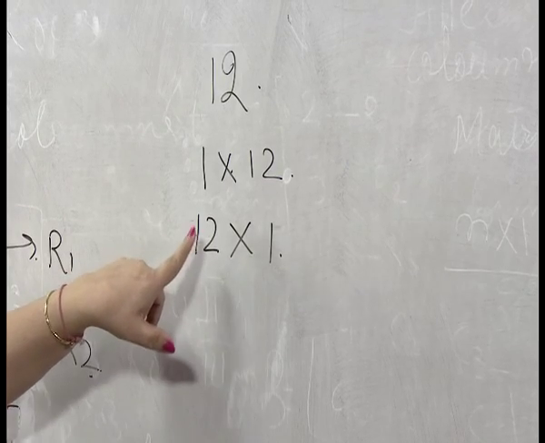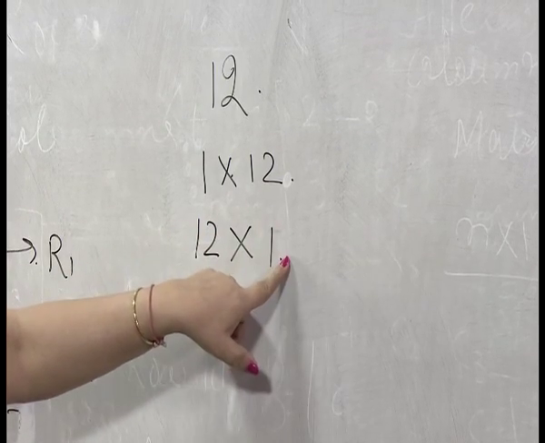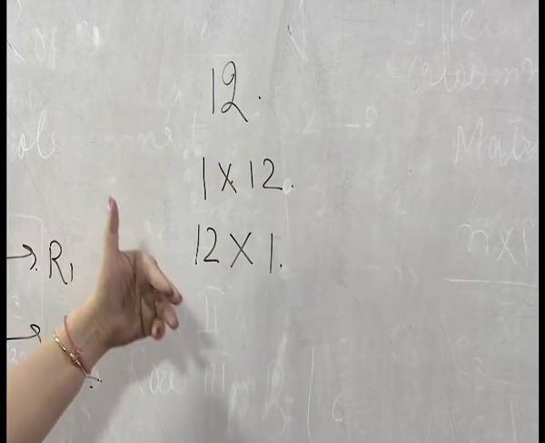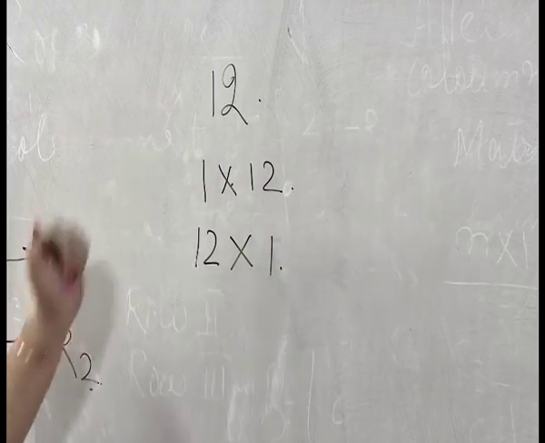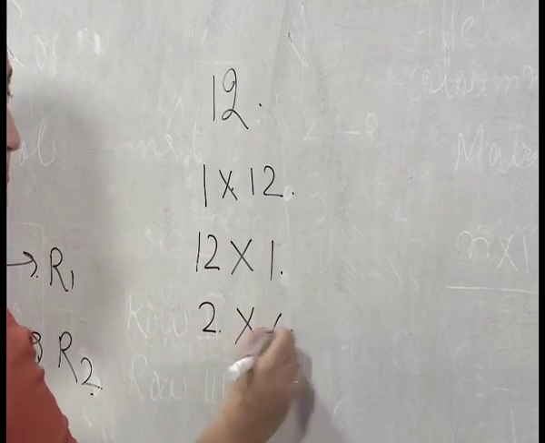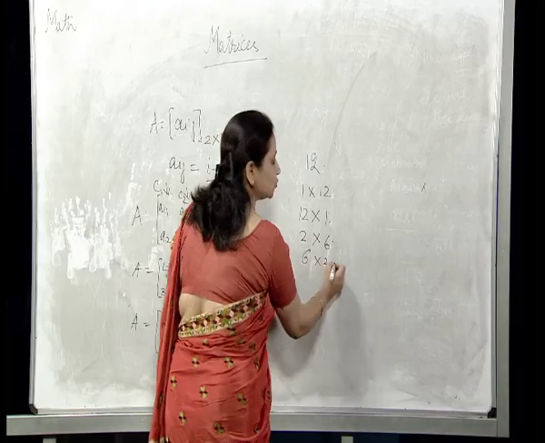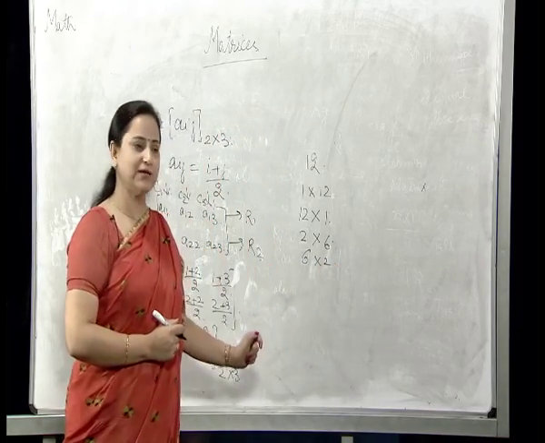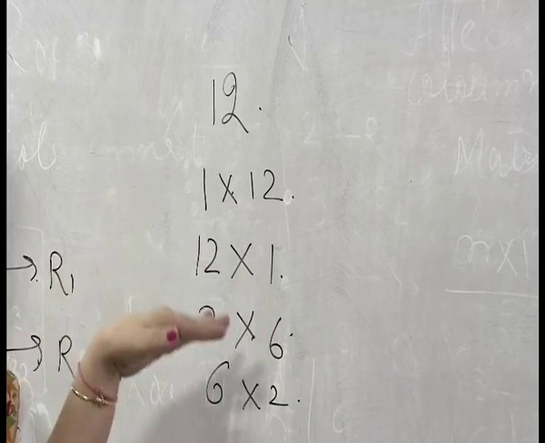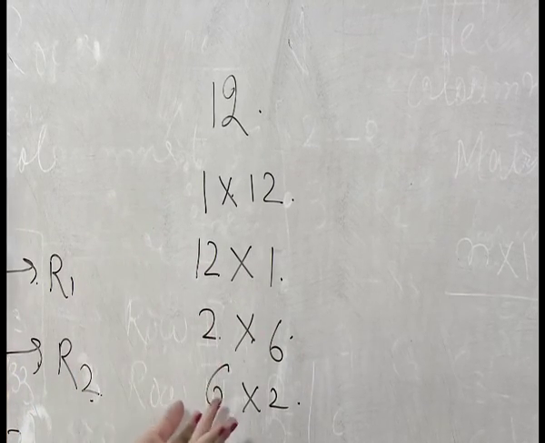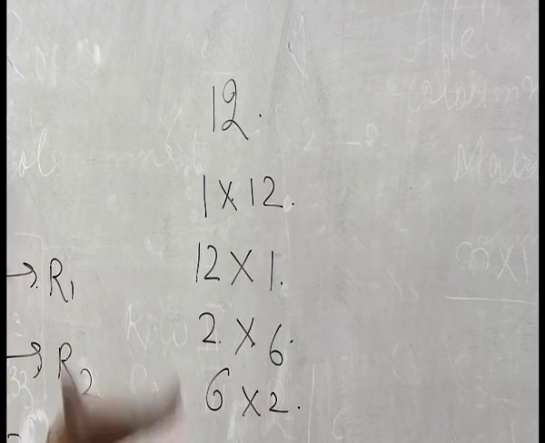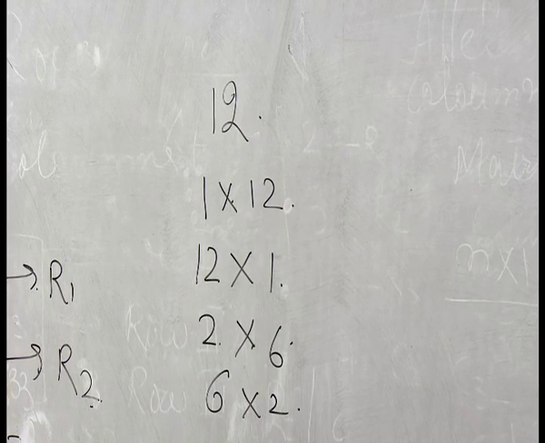Another one, 12 rows, 1 column, column matrix. Now 12 can also be written as 2 into 6 or 6 into 2. That means the matrix of order 2 by 6 will also have 12 elements, and the matrix of order 6 by 2 will also have 12 elements.